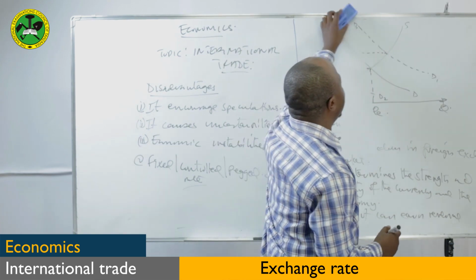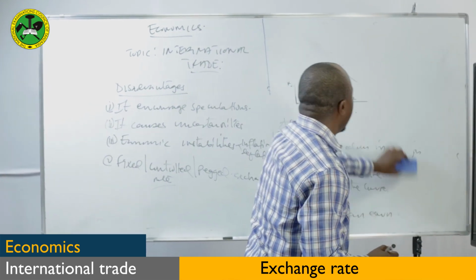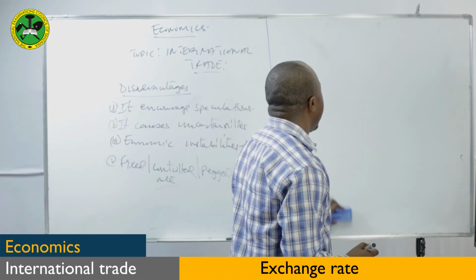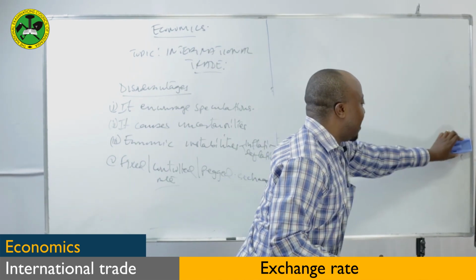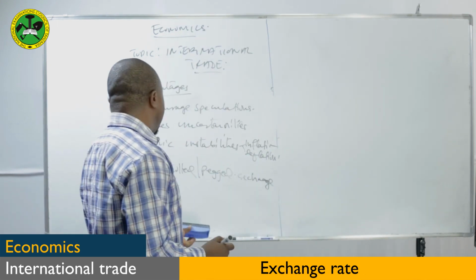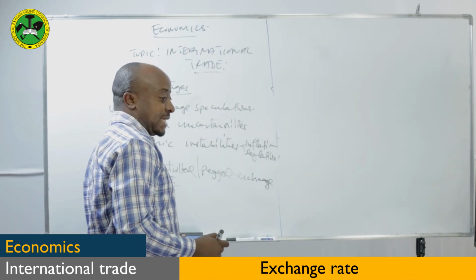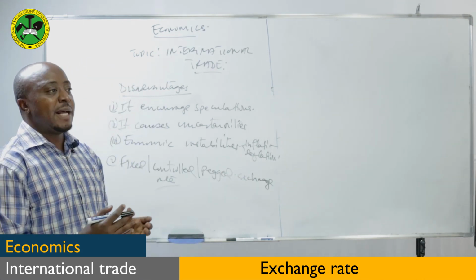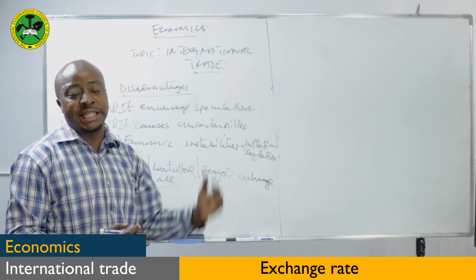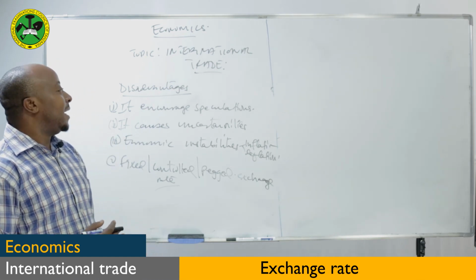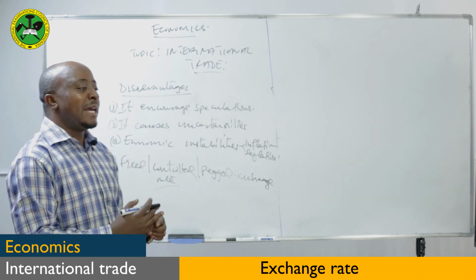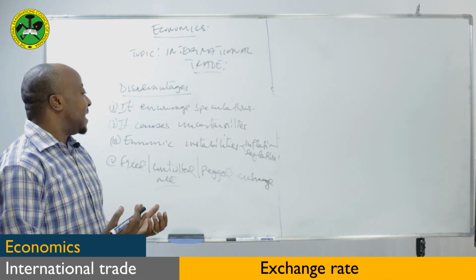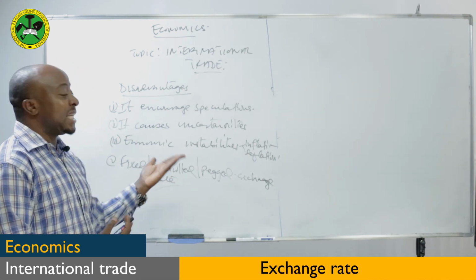Now this is one of the common forms of exchange rate which also exists in different parts of the world. Remember, the flexible exchange rate is very common in capitalist countries, because demand and supply are free. That means it is easier to find flexible exchange rate there. But in the socialist countries, where all decisions are made by the central planning authority or by the government, it is very easy to find this form of exchange rate.